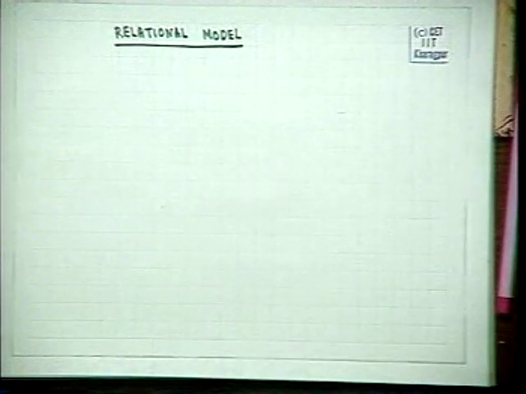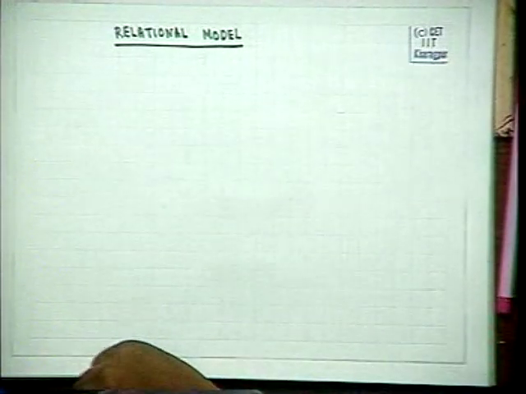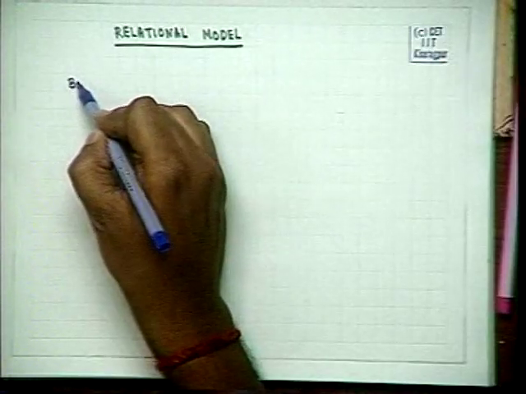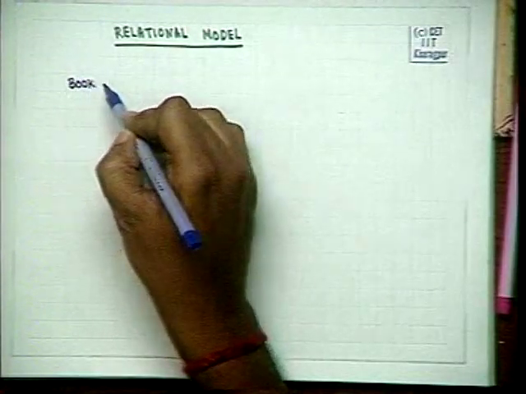In the relational model, we express all our information in terms of relations or tables. For example, let us go back to the problem that we have been tackling. We have one table for book, and that table will have a number of fields. So, let us look at the book table or the book relation.